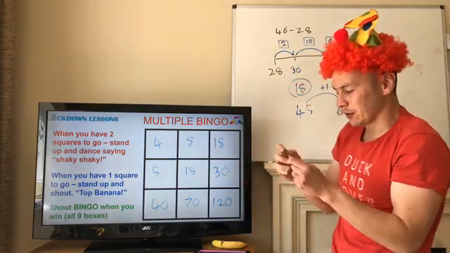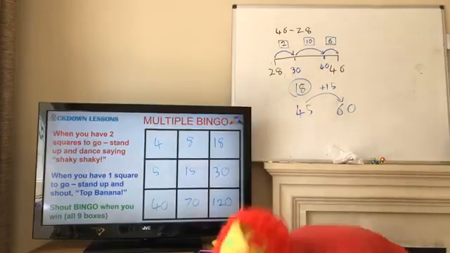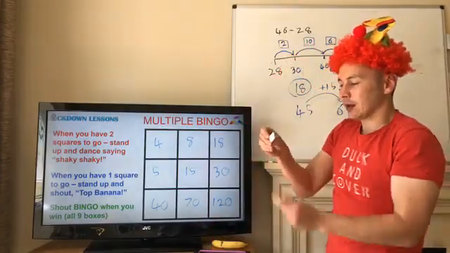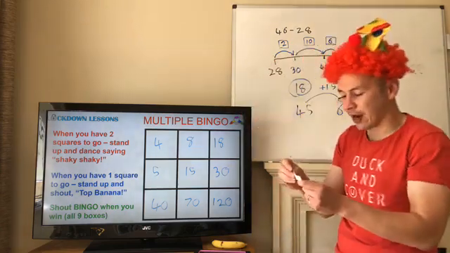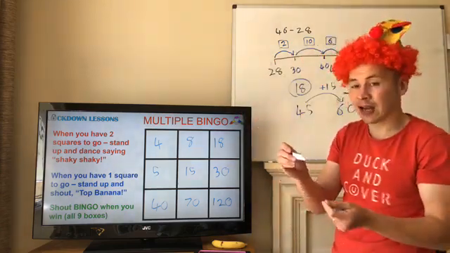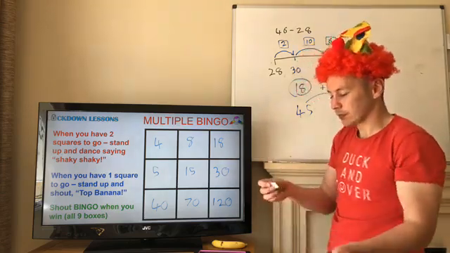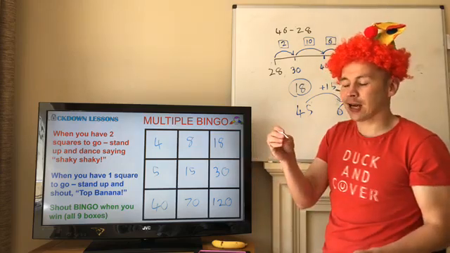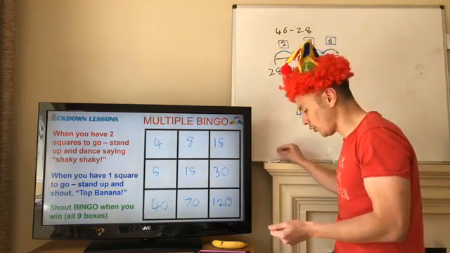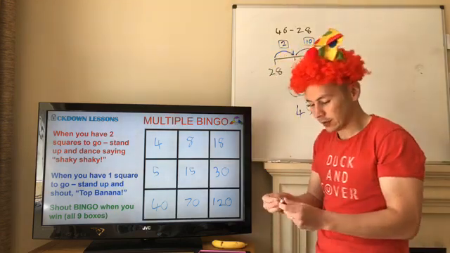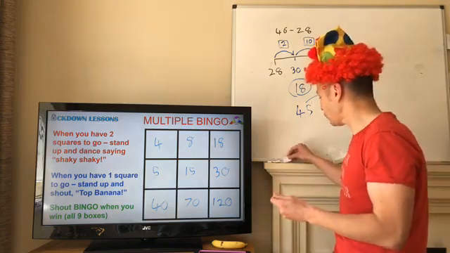Next number is 5 times 2. Probably already crossed that one off. Now we have 7 times 5. Now we have 4 times 2. 5 times 1.